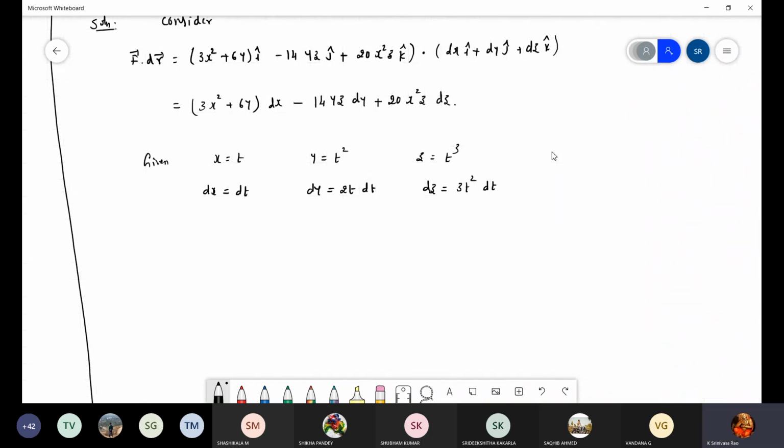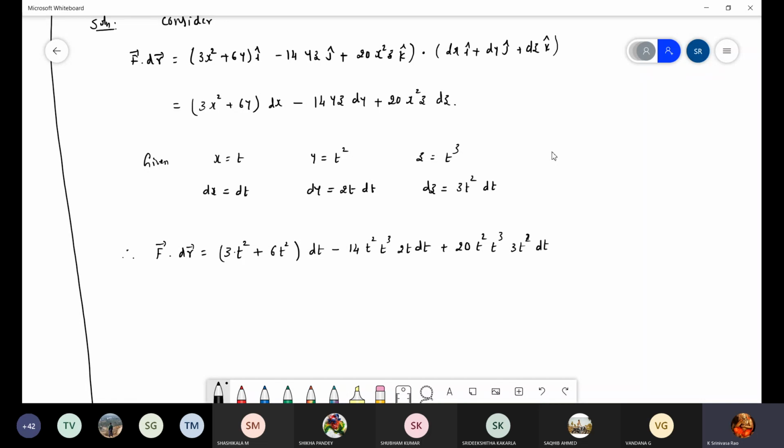Therefore, vector f dot dr equals: substitute x square as t square plus 6y as 6t square multiplied by dx which is dt, minus 14 y which is t square, z which is t cube, and dy which is 2t dt, plus 20 x square which is t square, z which is t cube, dz which is 3t square dt.